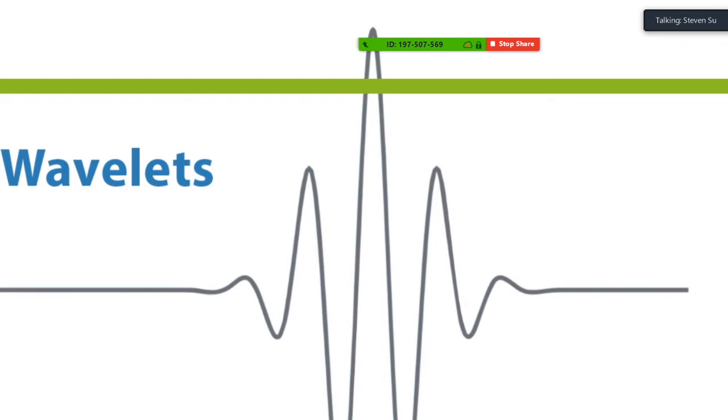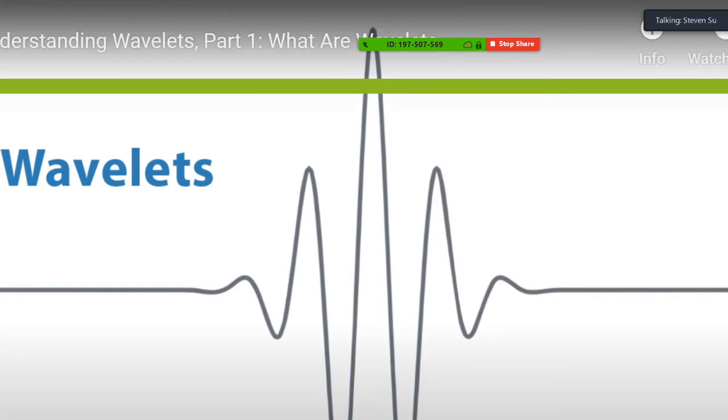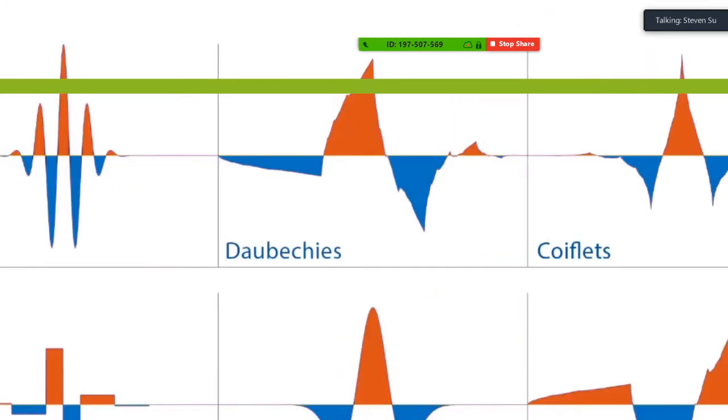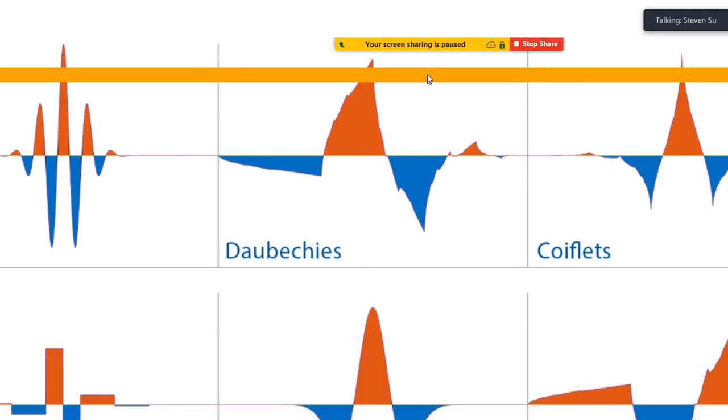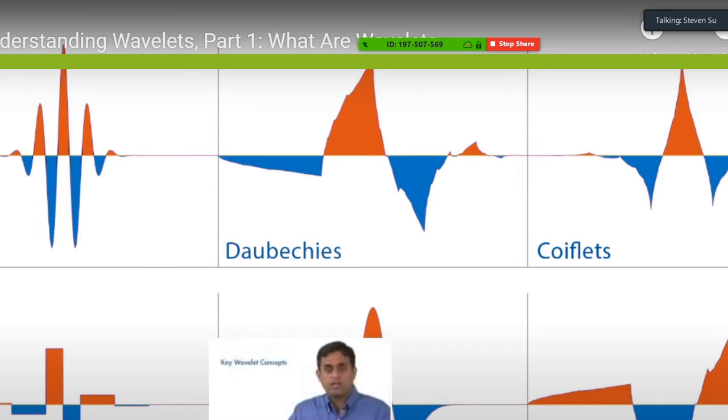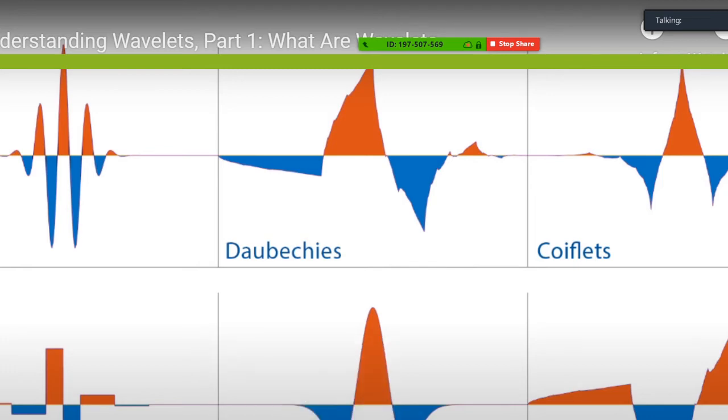Unlike sinusoids, which extend to infinity, a wavelet exists for a finite duration. Wavelets come in different sizes and shapes. Here are some of the well-known ones. The availability of a wide range of wavelets is a key strength of wavelet analysis. To choose the right wavelet, you will need to consider the application you will use it for. We will discuss this in more detail in a subsequent session.